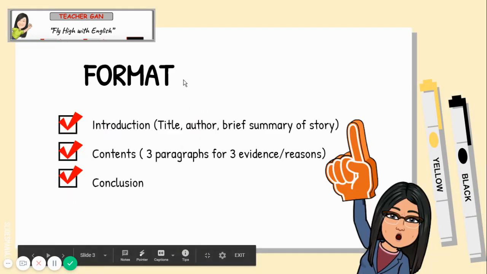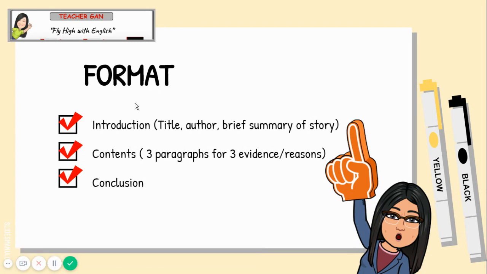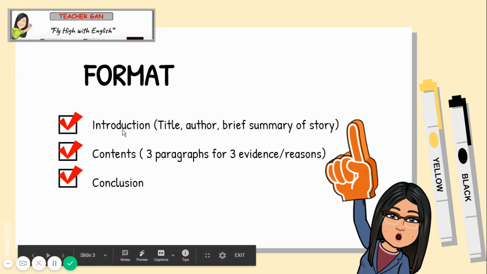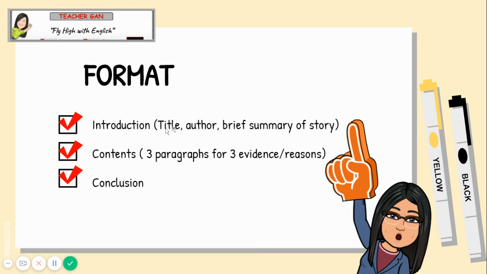Okay, now look at the format. To answer a literature or novel question, you have to remember the format where you need to have 5 paragraphs minimum. The first paragraph you should dedicate to the introduction, where you write the title of the novel that you have studied, the author, and also, if possible, a brief summary of the story.